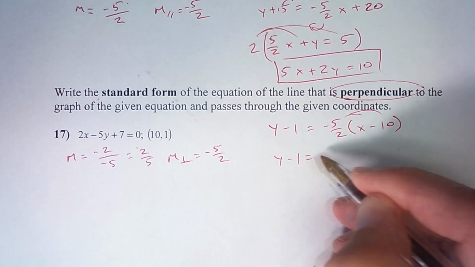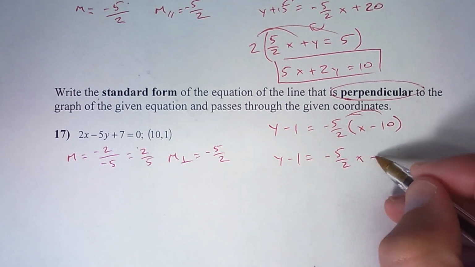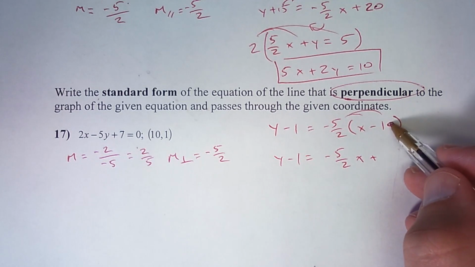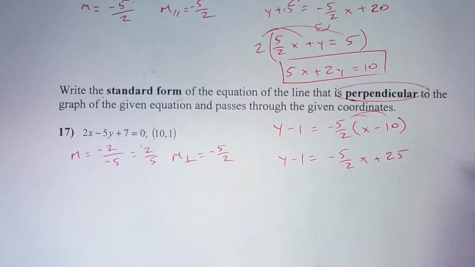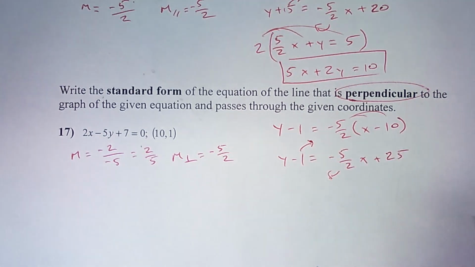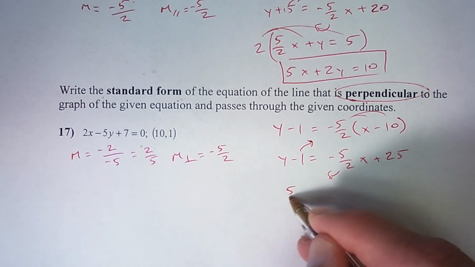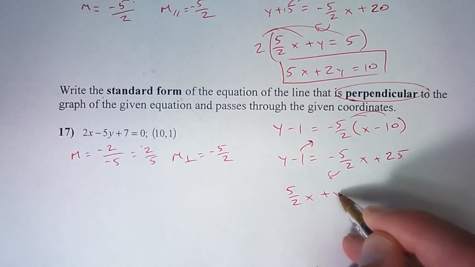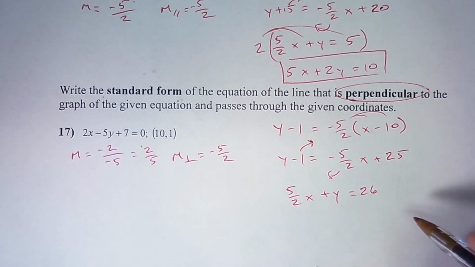Distribute: y minus 1 equals -5/2 x plus 5 times 10 is 50, divided by 2 is 25. Okay, switch sides with variables and constants, and we get 5/2 x plus y equals 26.